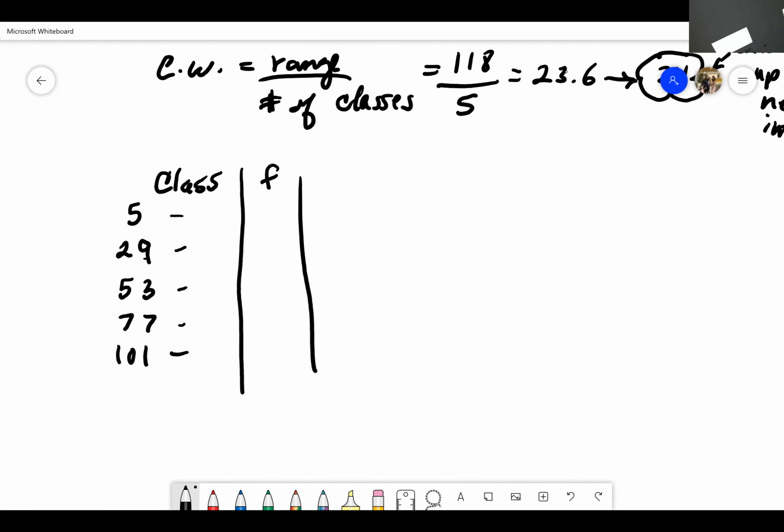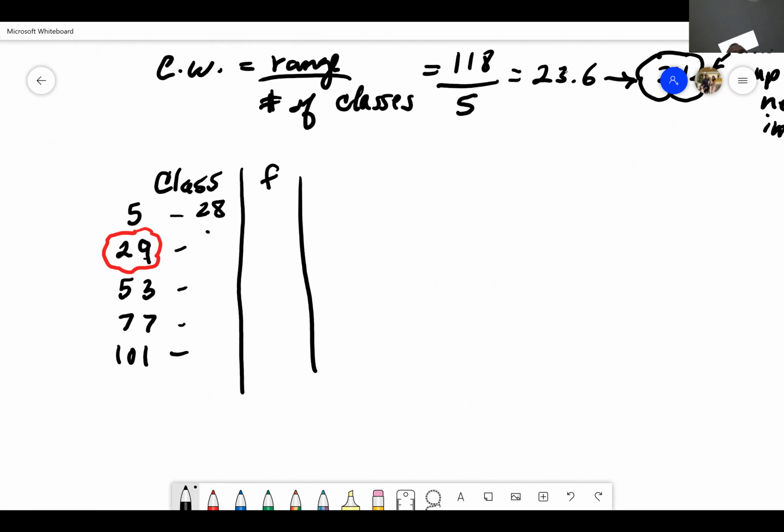And now we want to do our upper class limits. To get the first upper class limit, we look at this one here and subtract 1. So it's 28. Then 28 plus 24 is 52.